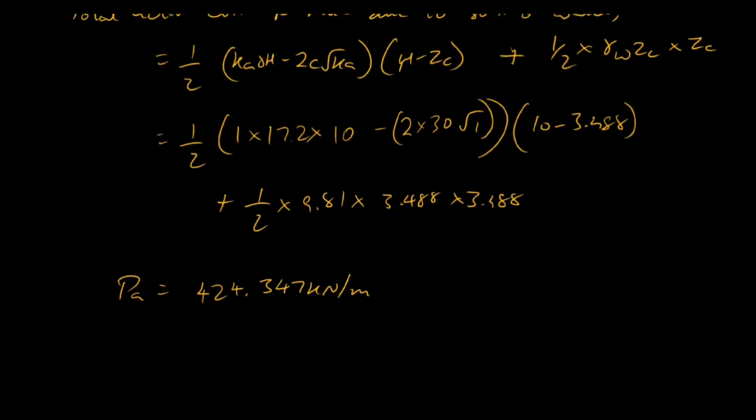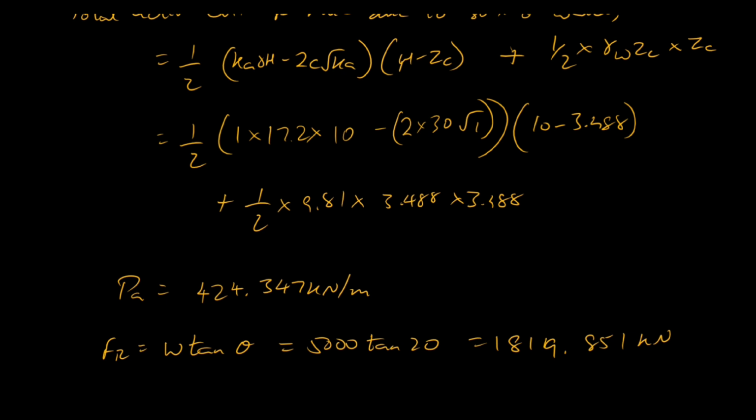So Fr will be W tan theta. So W, which is 5000, tan 20, gives 1819.851. The frictional resistance is 1819.851 kilonewton.